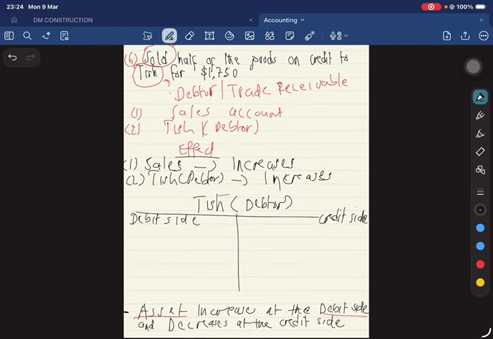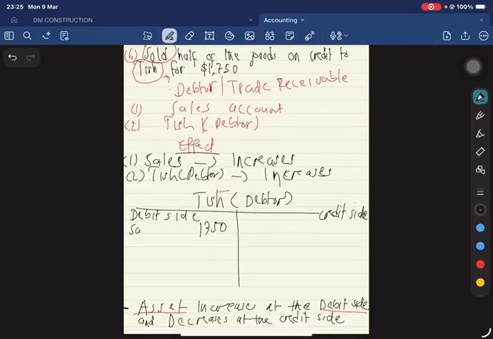So we know that the asset increases, so we need to debit it. So it has to be at the left side. So we debit it with $1,750, in the name of sales, it was due to sales. So this is the effect.